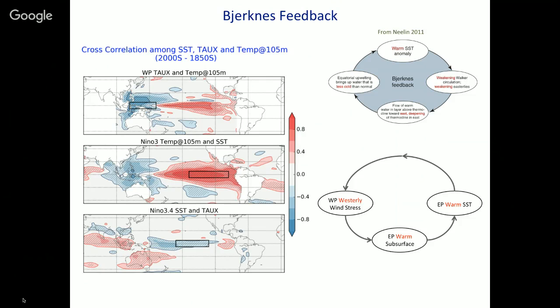This is also as you would expect. If there's a warming below, there is a warming above, which is anti-correlated to what's happening on the western side of the coast. And the next one is the other loop, where you take the sea surface temperature response over this region and correlate back to the zonal wind stress, which shows up here.